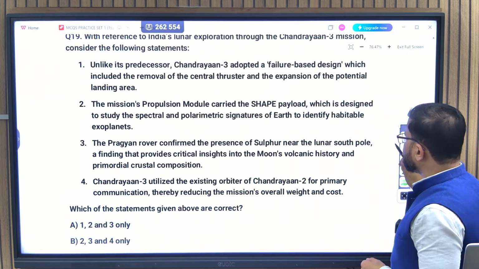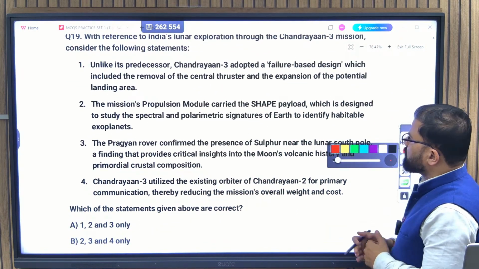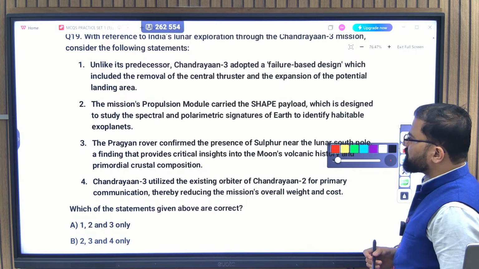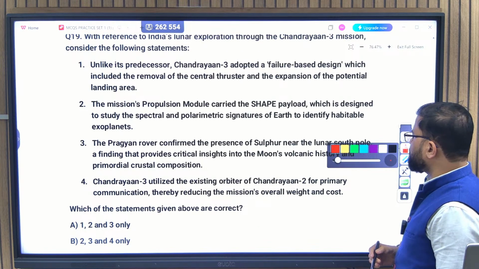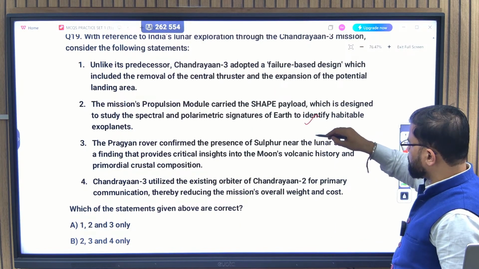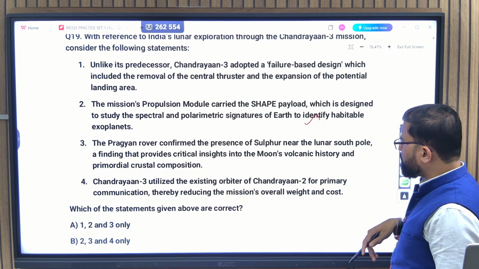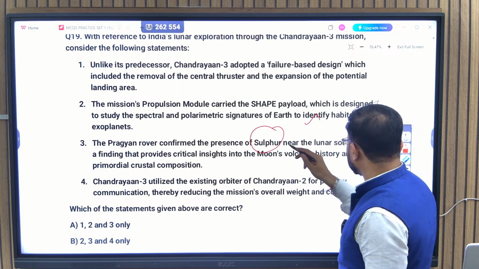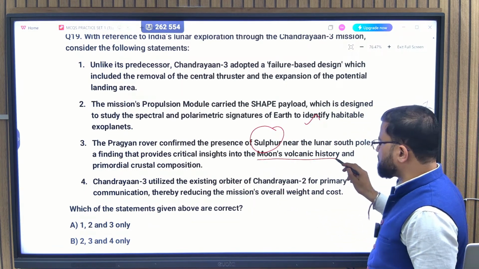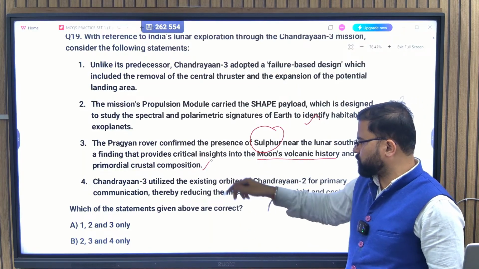Second, the propulsion module carried the SHAPE payload, which is designed to study spectral and polarimetric signatures of the Earth to identify habitable exoplanets. True. The Pragyan rover confirmed the presence of sulfur near the lunar south pole, which provides critical insight into the moon's volcanic history and primordial crust composition. True.